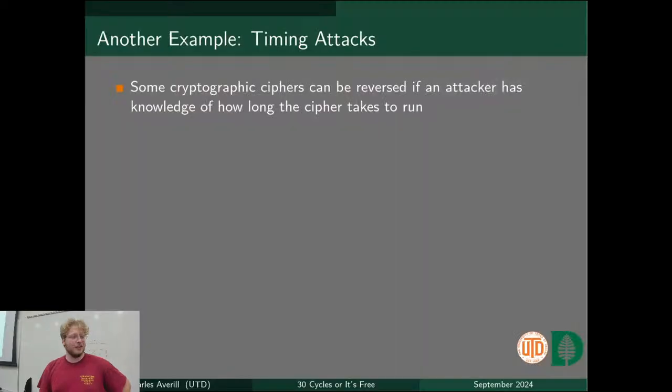Okay. All right, my final example, so I mentioned cryptographic timing attacks at the beginning. So if you've got some cryptographic cipher, and it's got branches or looping in it, right? That cipher can actually be reversed. So, some ciphers can be reversed if the attacker has any kind of intimate knowledge of how long the cipher takes to run.